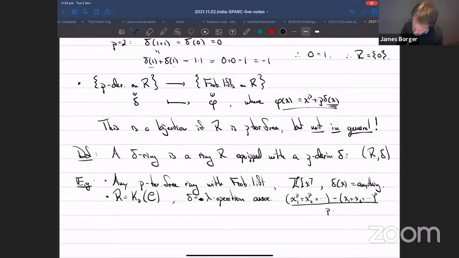Okay, so if you know about lambda rings and symmetric functions, you'll know what I mean by this. If you don't, don't worry about it. I won't mention it ever again.